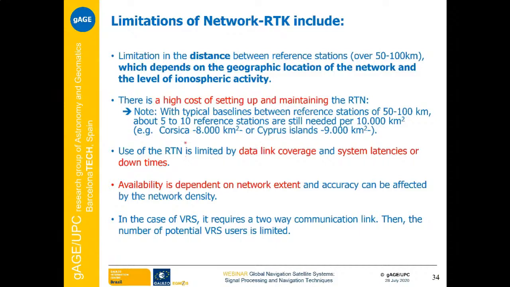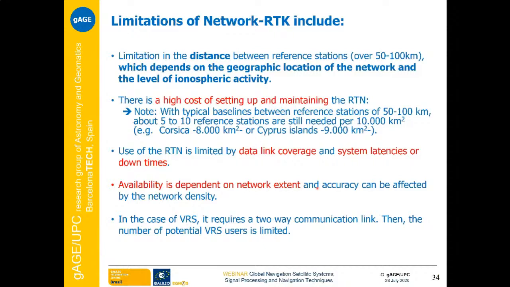On the other hand, this real-time network is limited by the data link coverage and system latencies. The availability depends on the network extent, the extent of the region where we have the network deployed.